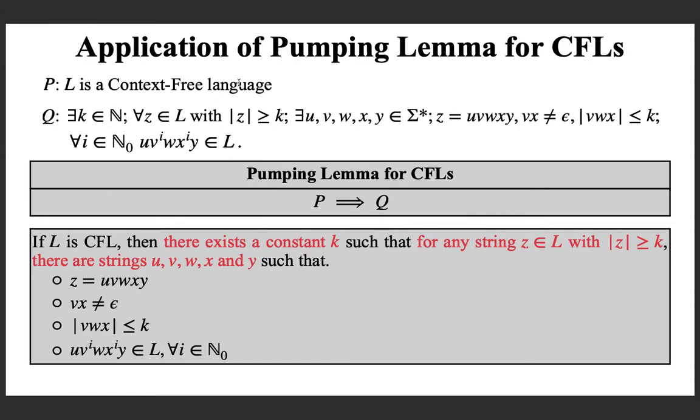P, L is a context-free language; if L is a context-free language, then Q is true. Q is the pumping lemma. You can verify that I am stating it correctly: there exists a constant k such that for all strings z in the language with length greater than or equal to k, there exist strings u, v, w, x, y such that all the four conditions, condition 1, 2, 3 and 4, hold.